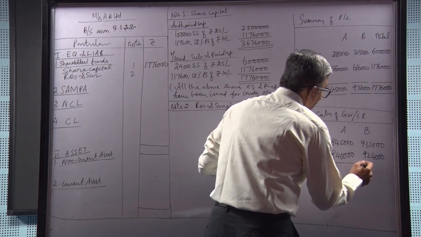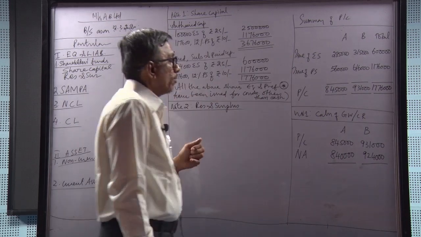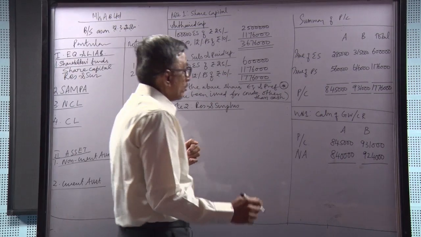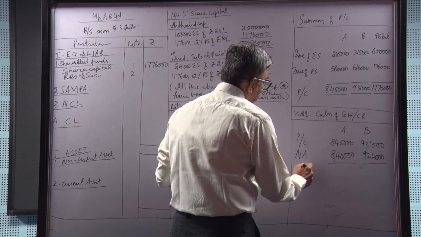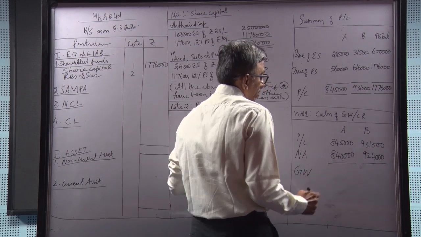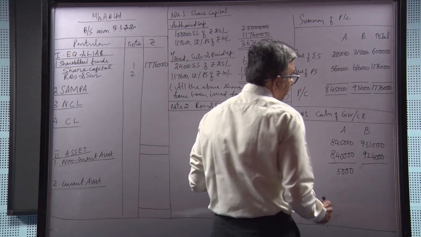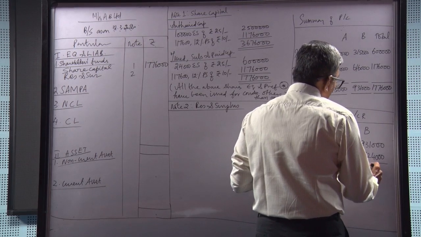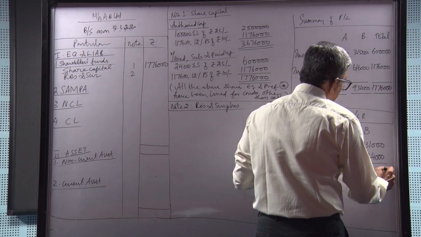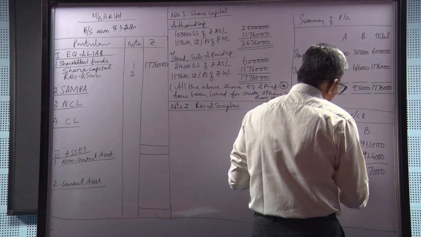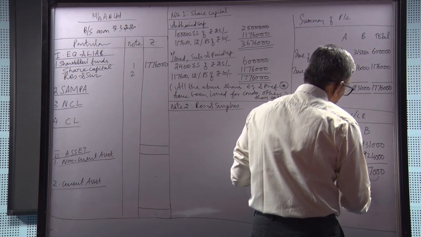So in both cases, consideration is more than the net asset. That means it results in goodwill. In the case of A, the goodwill is 5,000, and in the case of B, the goodwill is 7,000. Therefore the total goodwill is 12,000.